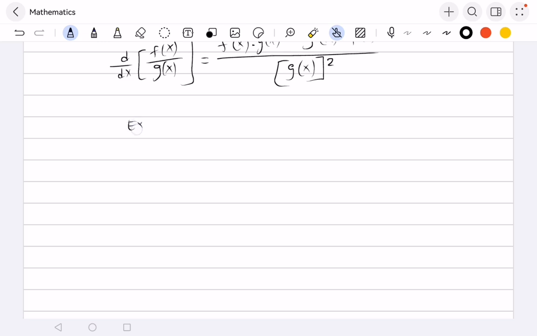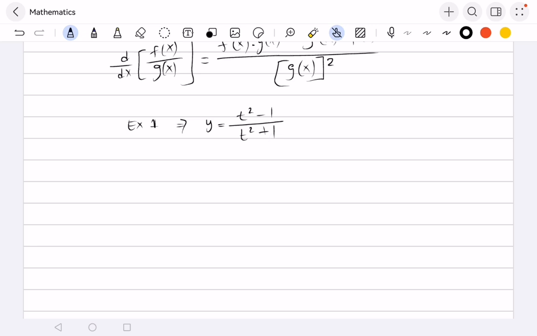Suppose example 1. Suppose now you have y, which is equals to t squared minus 1 all over t squared plus 1, right? This is your function.